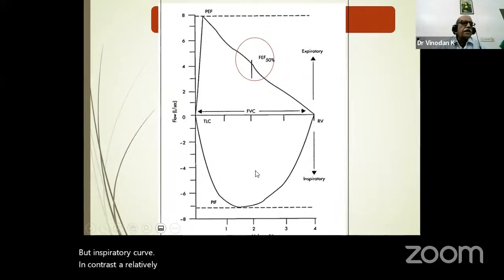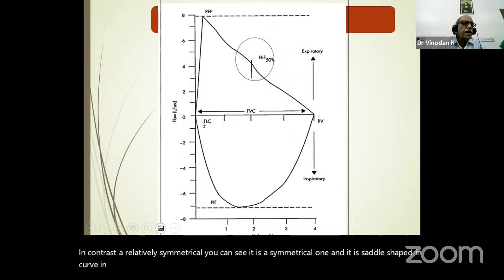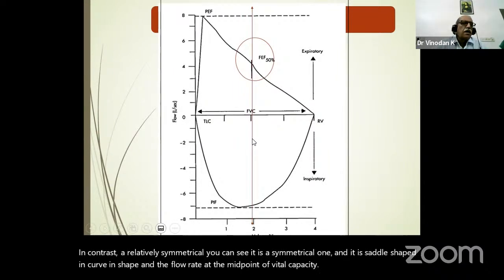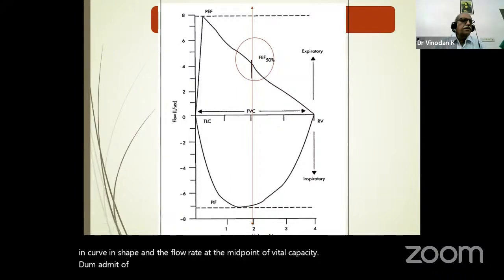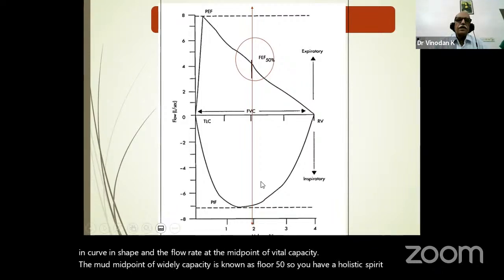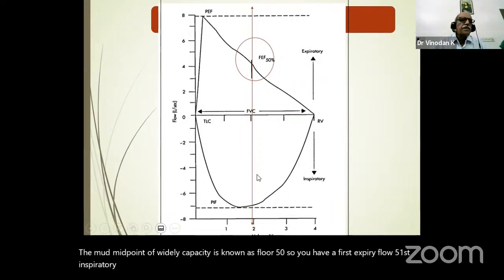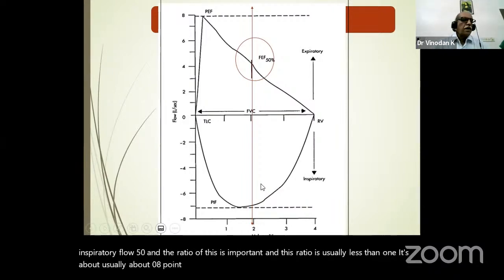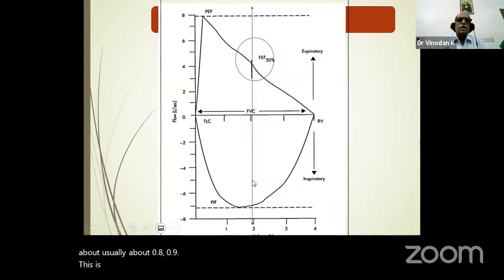You can see it is a symmetrical, saddle-shaped curve, and the flow rate at the midpoint of vital capacity is known as flow 50. So you have a forced expiratory flow 50 and a forced inspiratory flow 50. The ratio of these is important, and this ratio is usually less than 1, about 0.8 to 0.9. But this will actually tell you something about where the obstruction is.